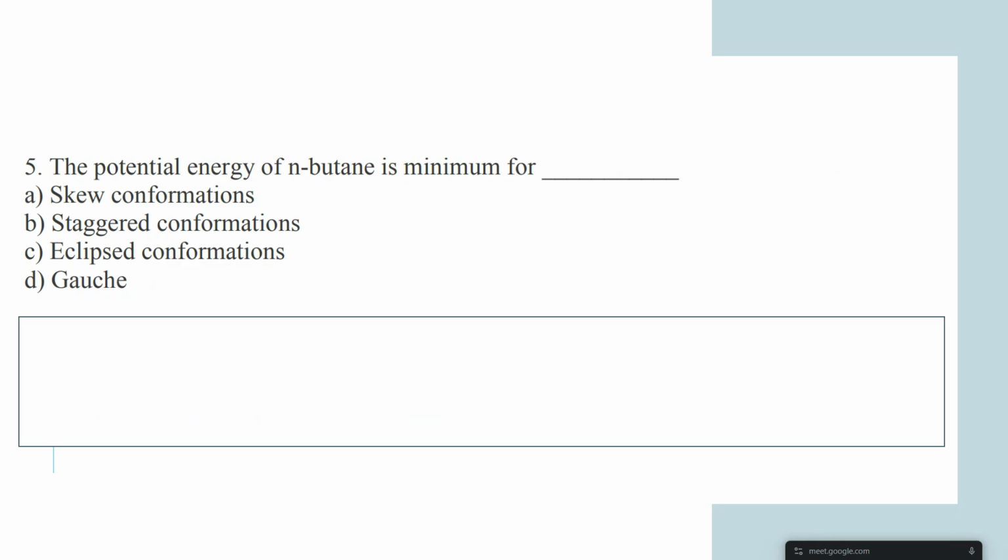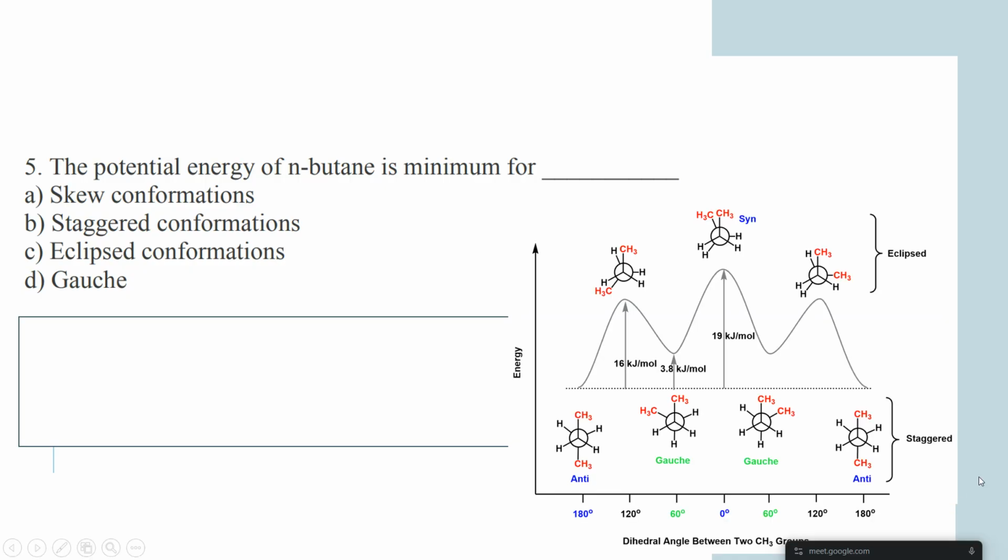This question is asking: the potential energy of N-butane is minimum for skew conformations, staggered conformations, eclipsed conformations, or gauche. So if we go through and revise the energy profile diagram, the energy profile diagram of N-butane somehow looks like this.